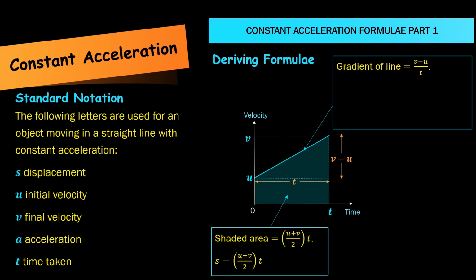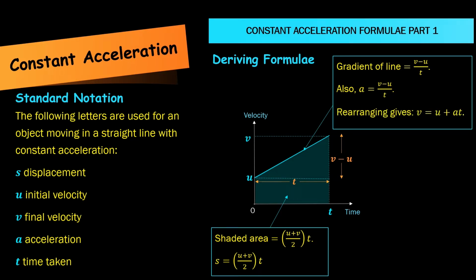Now let's find the gradient of the line, which is of course v minus u over t, change in y over change in x. However, we know that the gradient of a velocity time graph is equal to acceleration. Therefore, acceleration a is equal to v minus u over t.